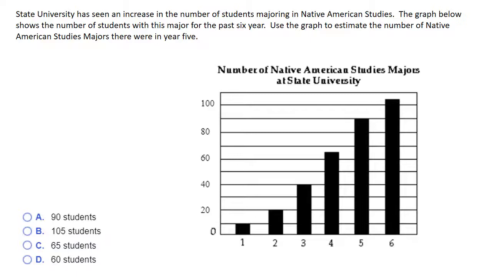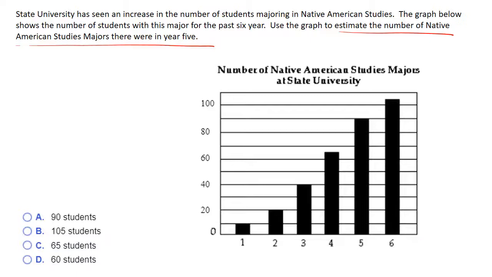Now here is an example of a problem that used a formula or an expression to come up with this chart. Here's a chart of the students that are studying Native American studies, and they're majoring in that at a local state university. And our question is going to be: estimate the number of Native American study majors there were in year 5.